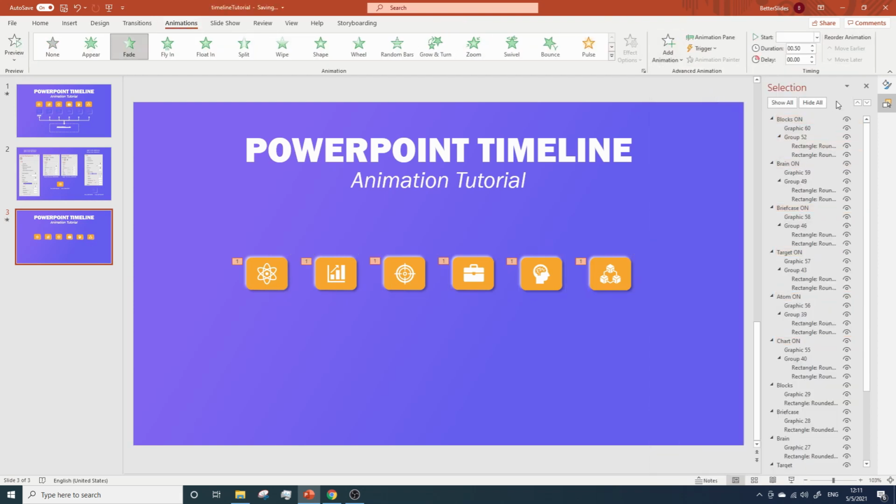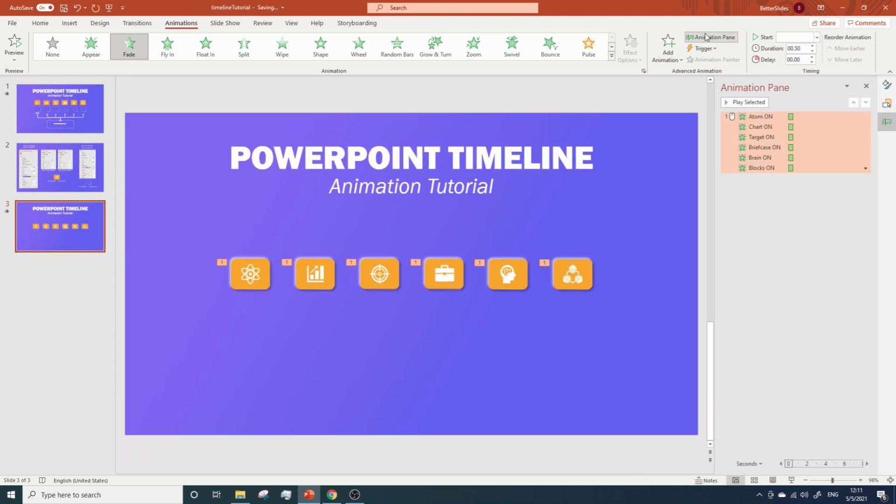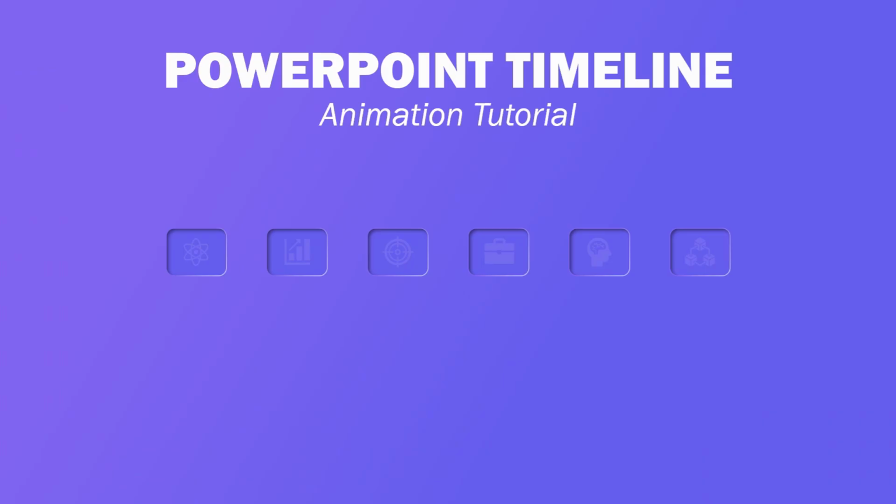So let's go to the animation pane and change the start to on click just to make a test. Let me adjust the position for these boxes. And let's open the presentation.